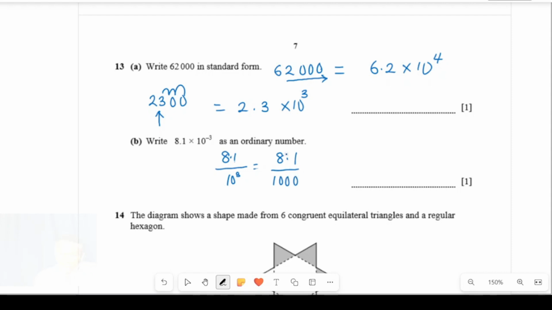So that means you shift the decimal point 3 places: 1, 2, 3. So you have 0.0, then 8, then 1.